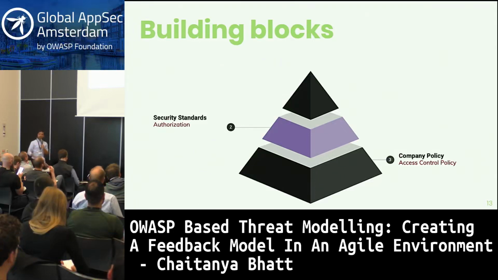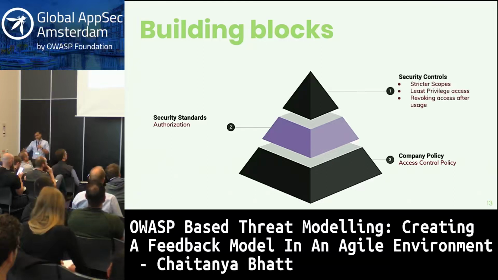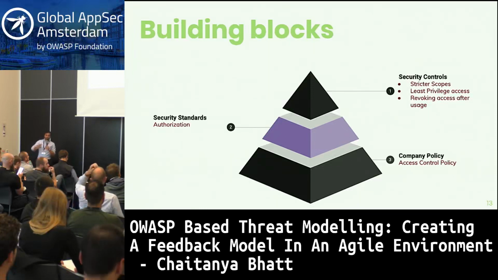Now when an application comes for a review, my control for that can be some strict scopes, least privilege access, revoking the access after usage. Now these can go even more strict. If it's a sign-in flow, I'm going to keep it more strict. If it's a regular backend service flow, I might keep it a little bit liberal, right? So based on how critical or how high the risk an application poses, I can keep changing my controls in order to accommodate that.